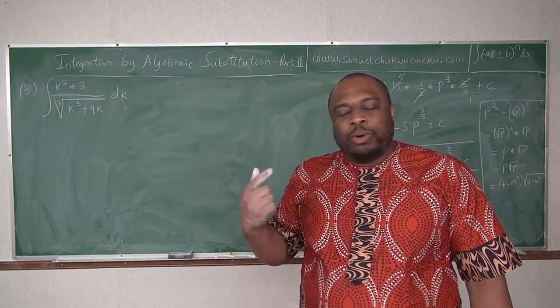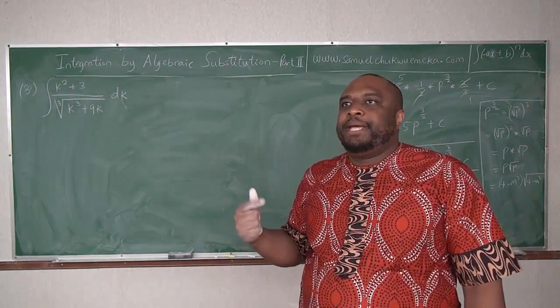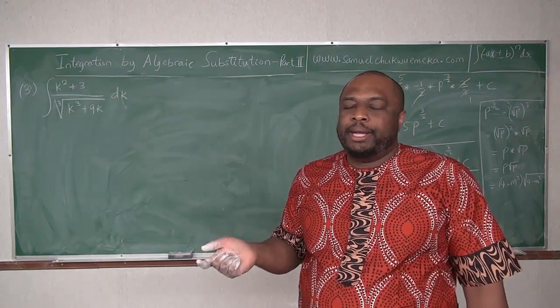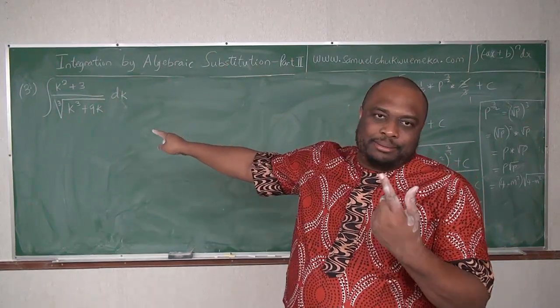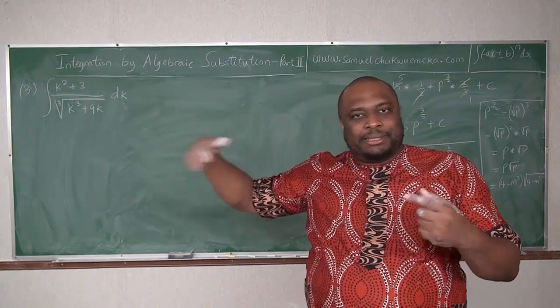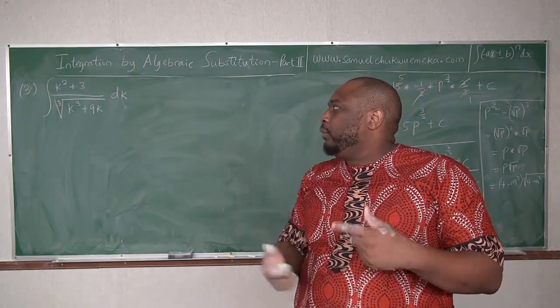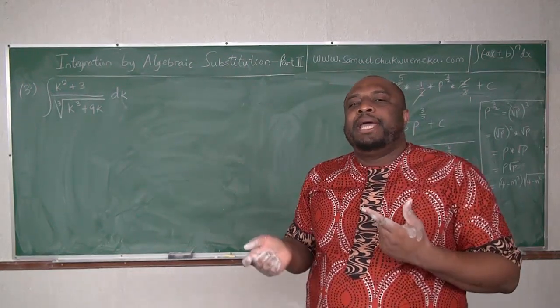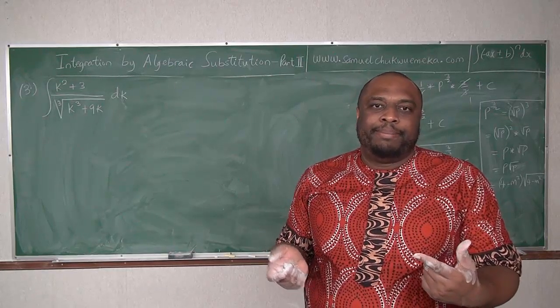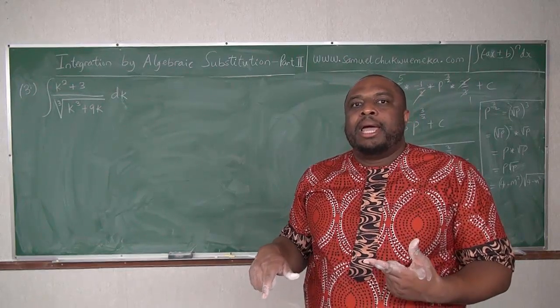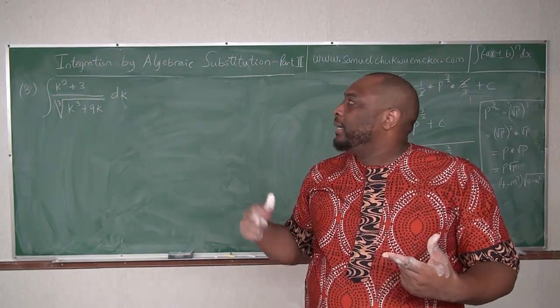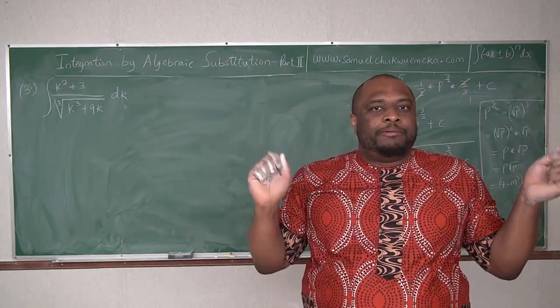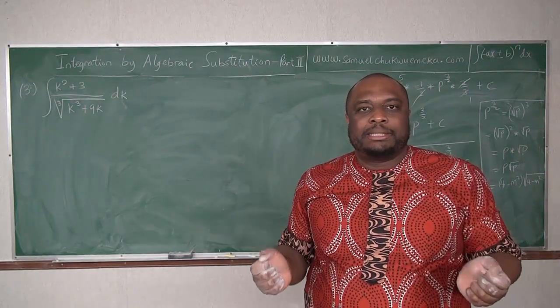So p equals k squared plus 3. You find dp over dk, which is 2k, and there's no way you can cancel. But if we use k cubed plus 9k, dp over dk will be 3k squared plus 9. You can factor by GCF and something will cancel.